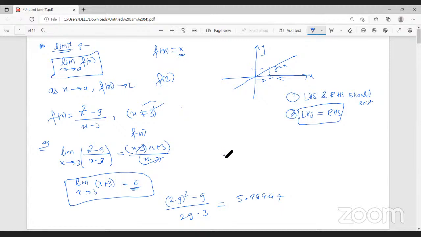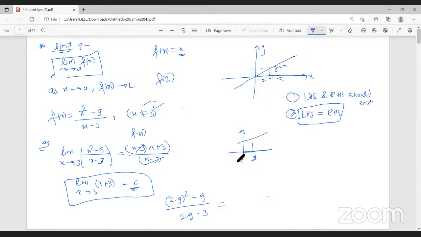If I put x equals 2.999, I will get the value of f of x as something like 5.999, right? Sir, x tends to 3 means that numbers near about 3 from the right side and the left side tend to 3, right? Say this is the function, and this is the point 3 here.